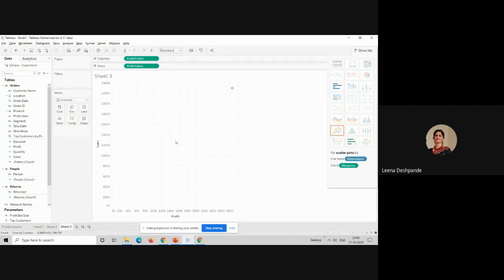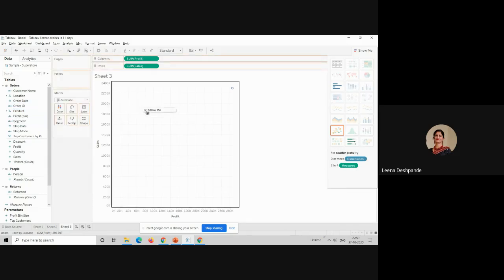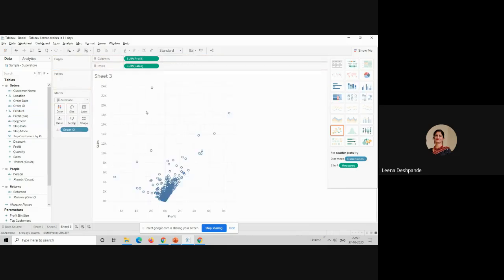Now I want to find out some trend, if there is any linear pattern in profit and sales, where if profit is increasing, sales also increase, and if profit is decreasing, sales also decrease. So on which field am I going to predict? I need to drag, let's say, order ID.